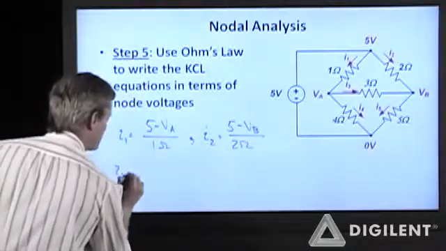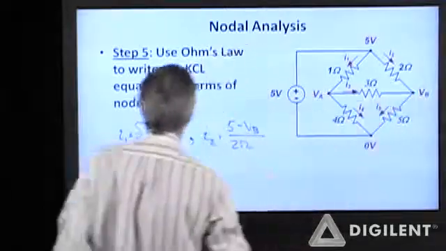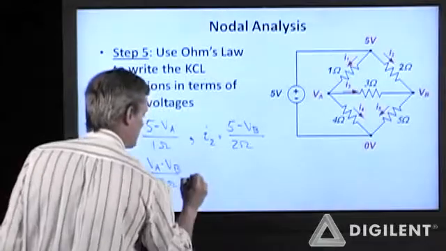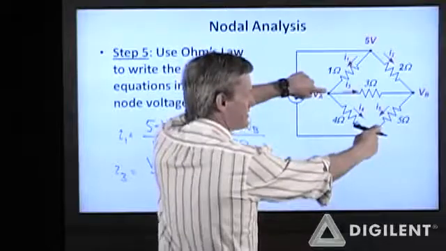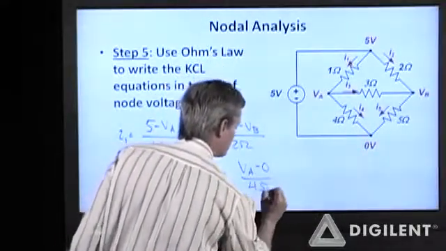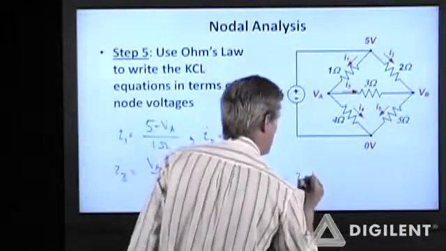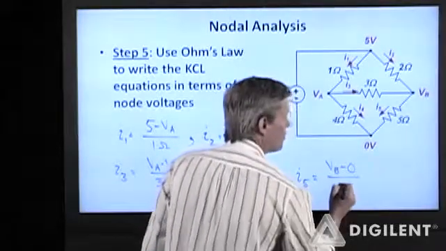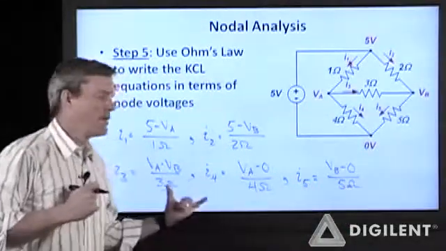I3 is equal to this voltage difference, VA minus VB over 3 ohms. I4 is VA minus 0 over 4 ohms. And I5 is VB minus 0 over 5 ohms.